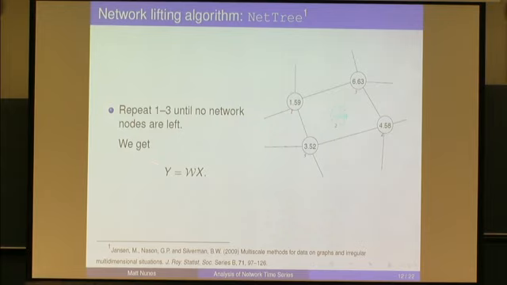And because it's a linear transform, we can represent it by this matrix W. So if we were to change the data, we could still do this matrix multiplication and do this transform. In this sense, the matrix W is only dependent on the network structure that you have to begin with. And that's quite important.